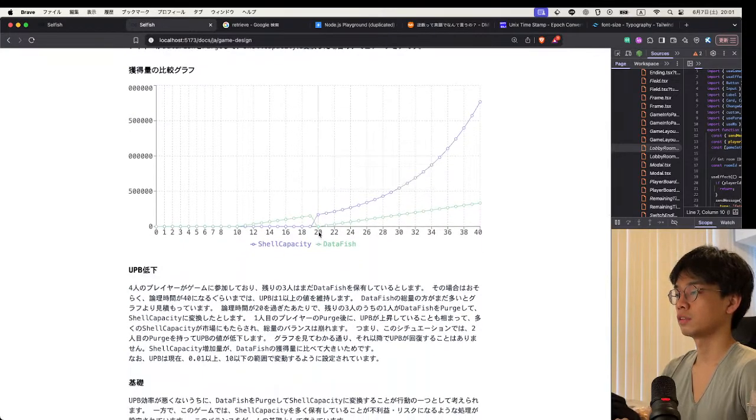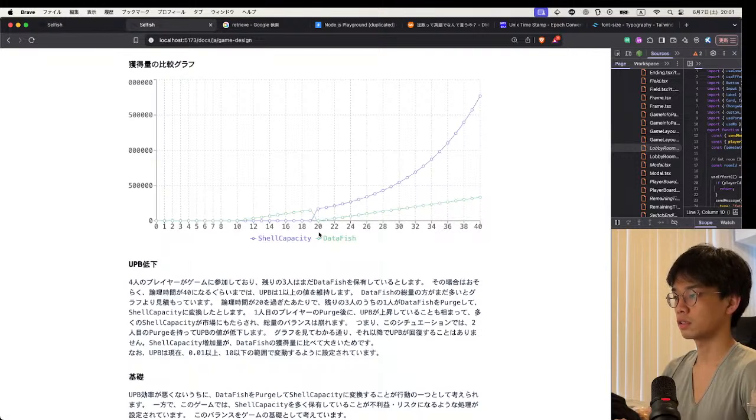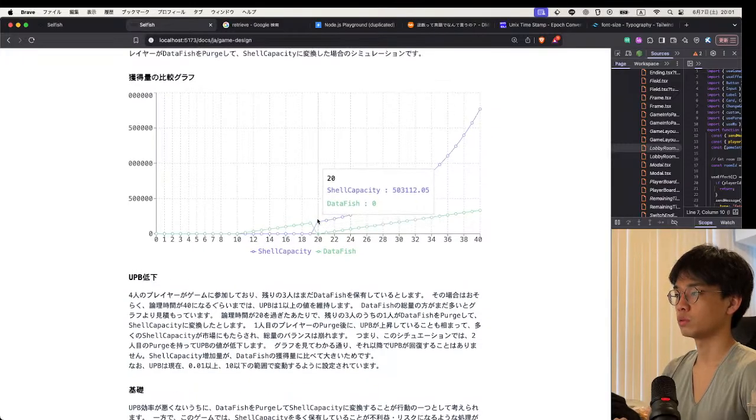And in this situation, the second player wants to exchange data fish to shell capacity like this. UPB is 3, so the second player can exchange so efficiently. It is going to 3 times.